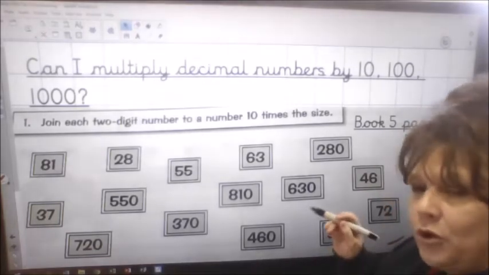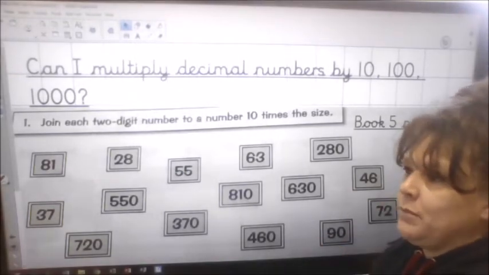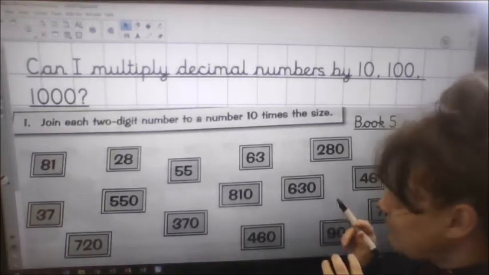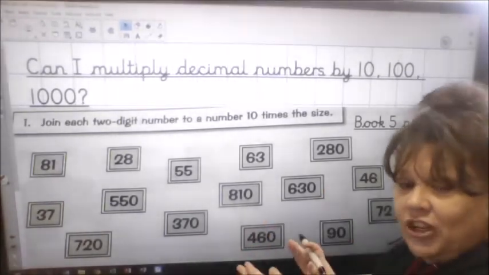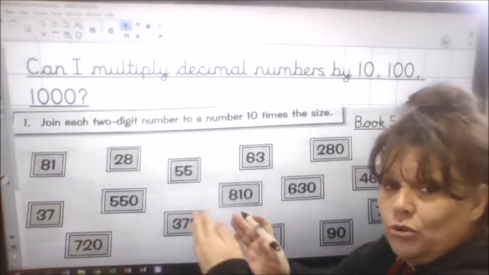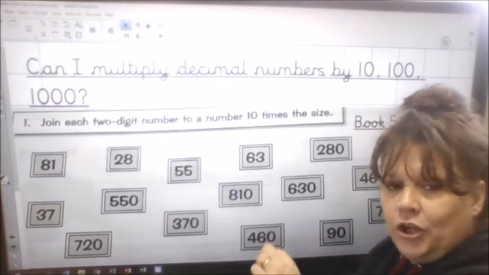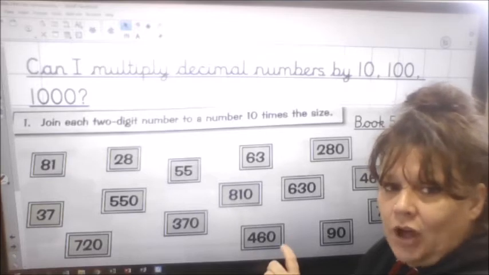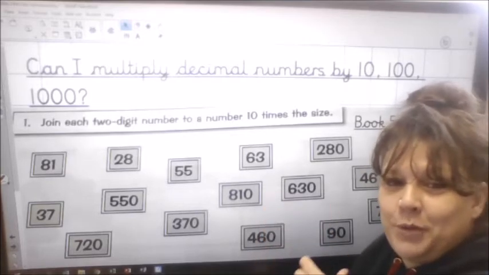So we're going to warm ourselves up again, thinking about what happens when we multiply by 10. Remember that when we multiply by 10, the digits move one place to the left, and we may need to add a 0 placeholder to fill in any gaps in our number grid.